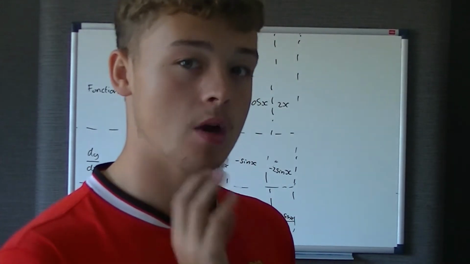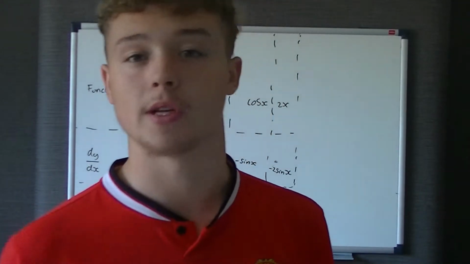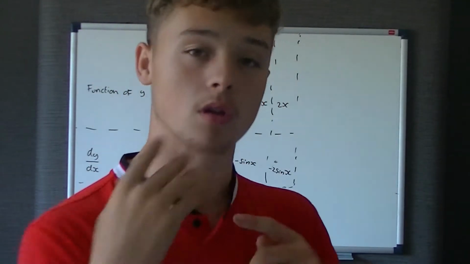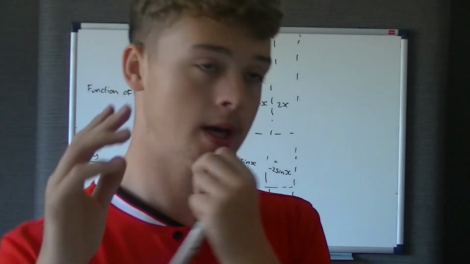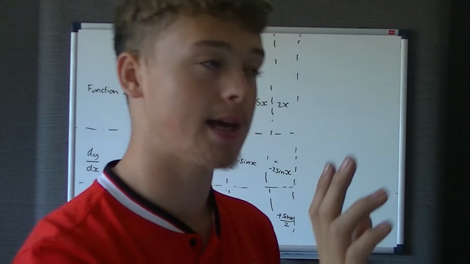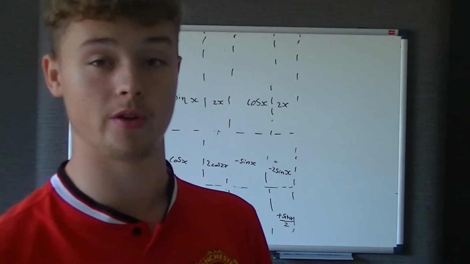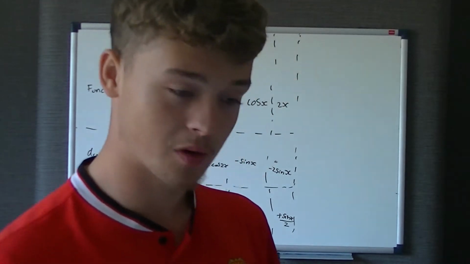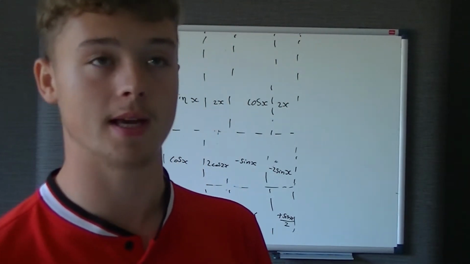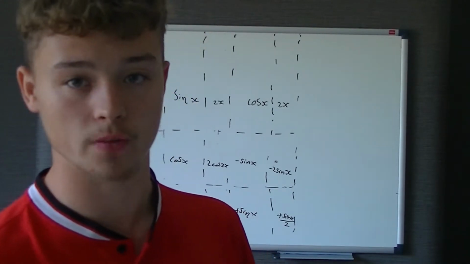cosec x, what we're actually doing is the opposite, just like we did the opposite of the differential and integral. So cot x, cosec x, and sec x are 1 over the other function.